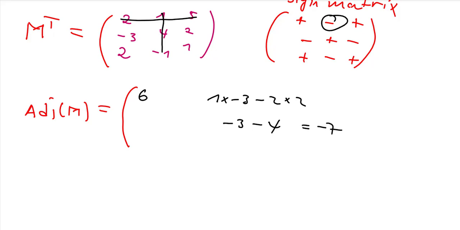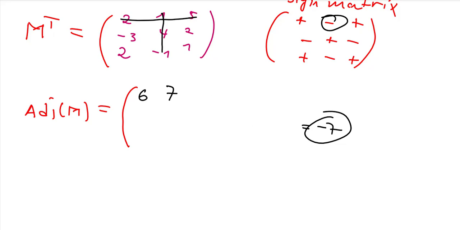But because of the position of the entry and the sign, we see that the sign is negative, so the negative will be dealt with, and here we have a positive entry, 7. So always multiply your final result with the sign from the position in the sign matrix.